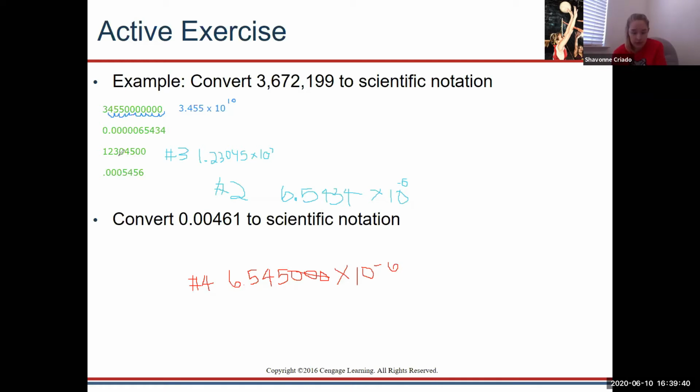It's wrong? Somebody, why is it wrong? Somebody wrote it wrong. They did part of number 2 and part of number 4, right?